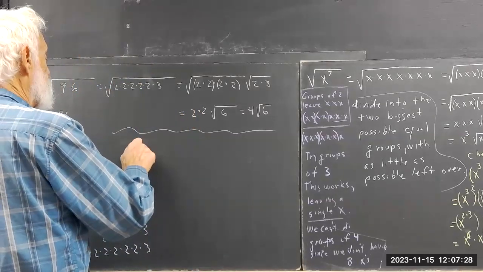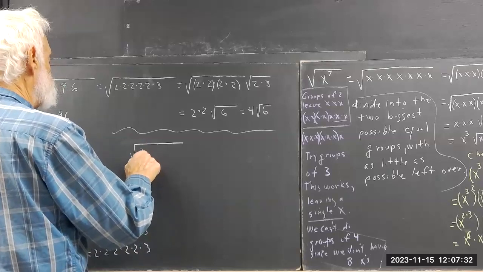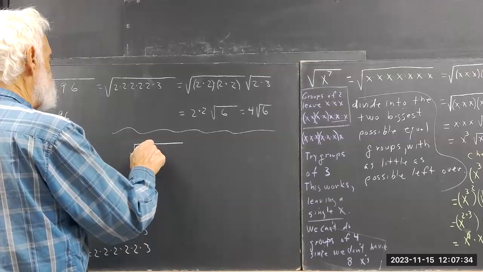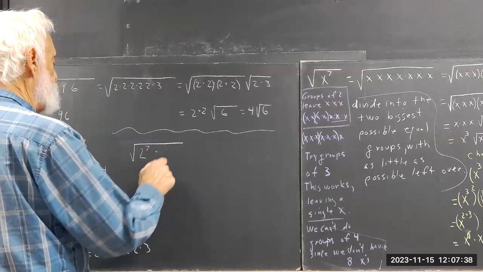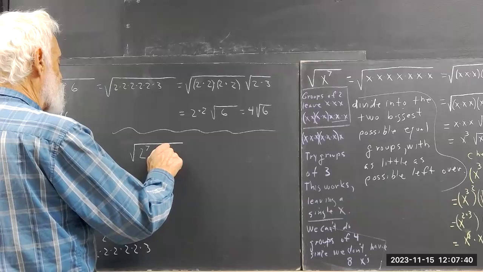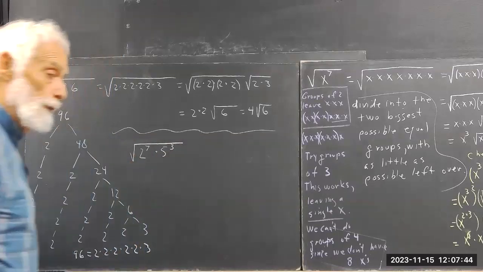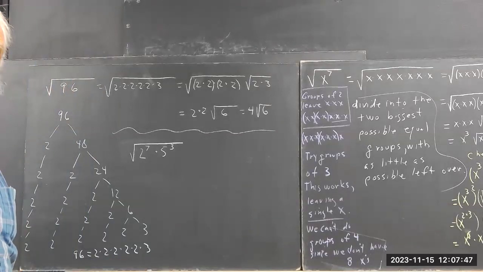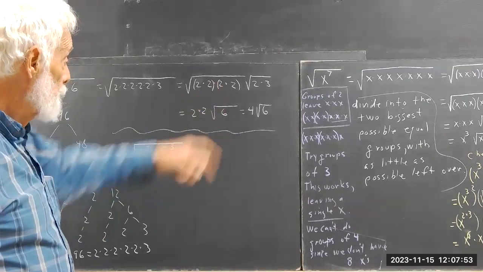Okay, so let's do the square root of 2 to the 7th times 5 to the 30th. Okay. Now I can write all this out the way I did.